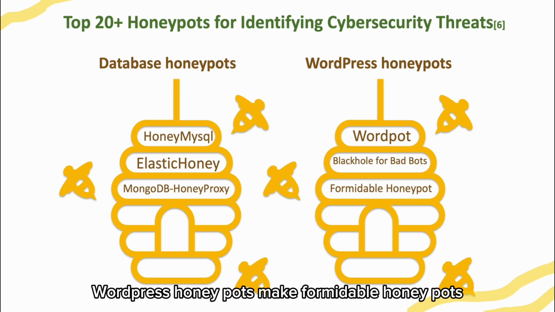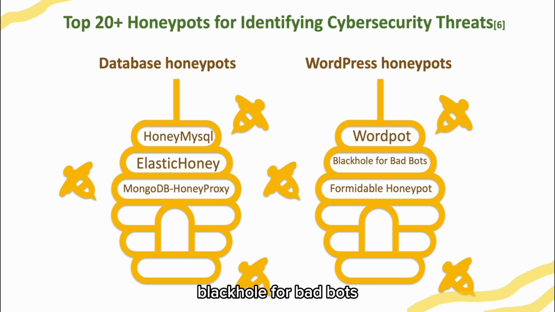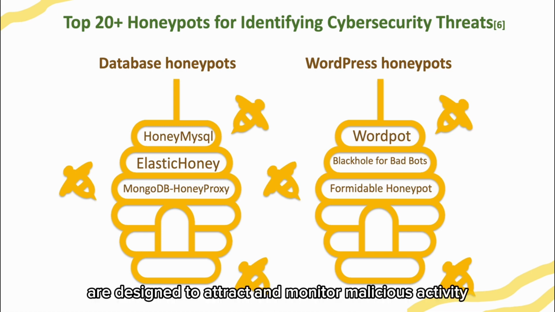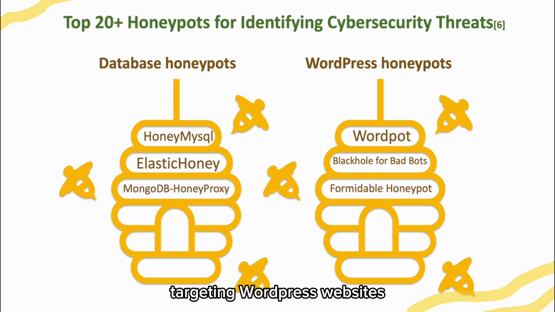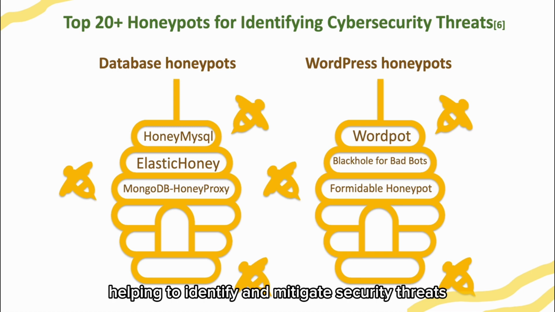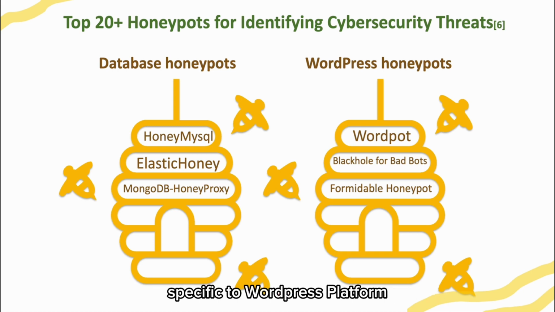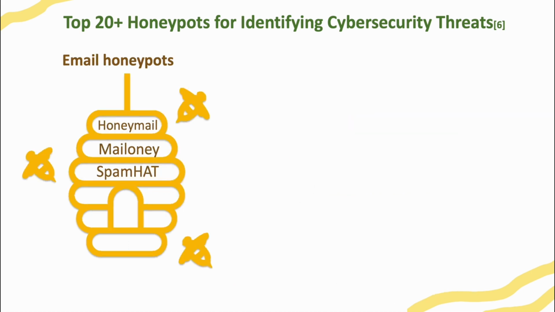WordPress honeypots, like Formidable Honeypot, Blackhole for Bad Bots, and WordPot, are designed to attract and monitor malicious activity targeting WordPress websites, helping to identify and mitigate security threats specific to the WordPress platform.